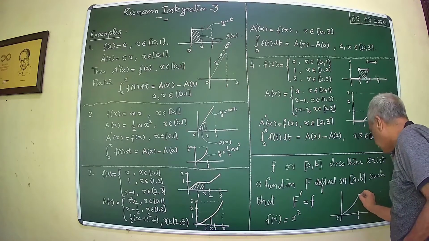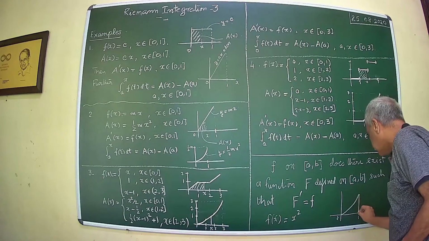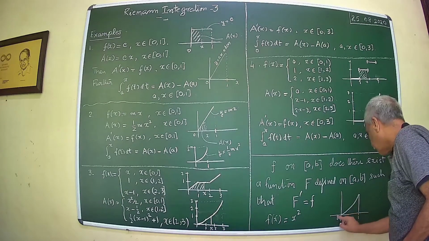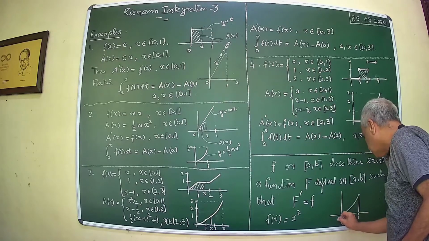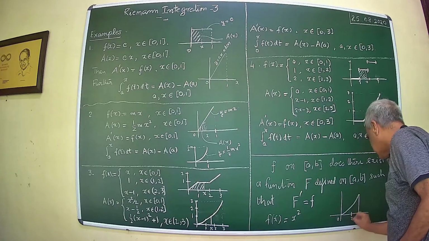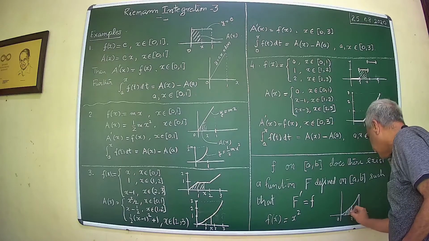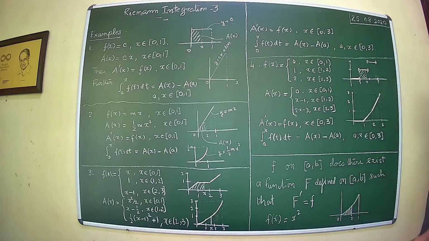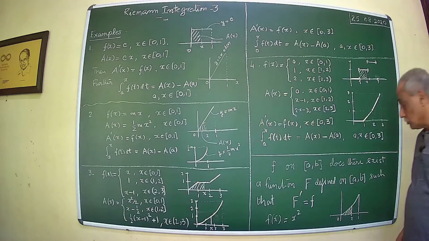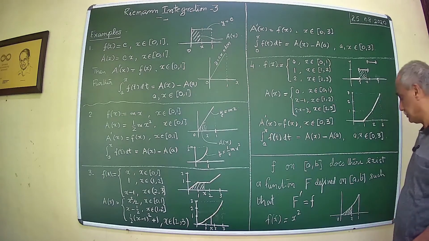If you were to compute the area from 0 to x, you have to actually compute the area of this shaded region, which you know is not easy. Why?